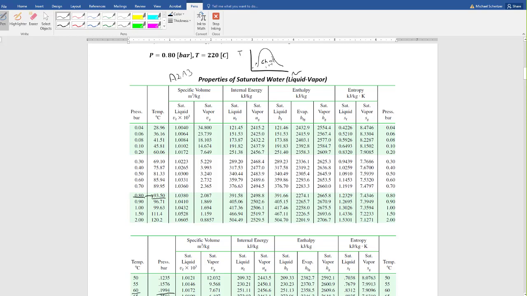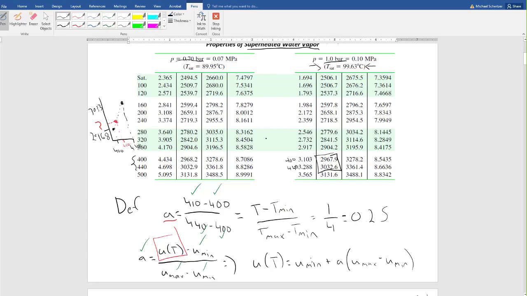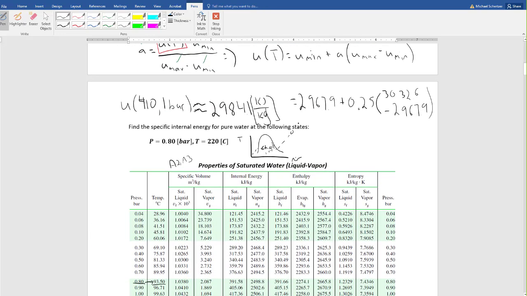So here, this is our graph, our constant pressure line. This is 0.8 bar, and that's 93.5 degrees Celsius. But we're at 220 degrees.